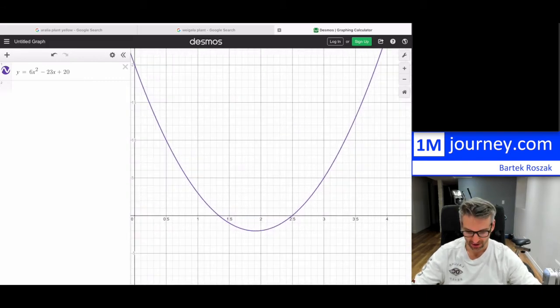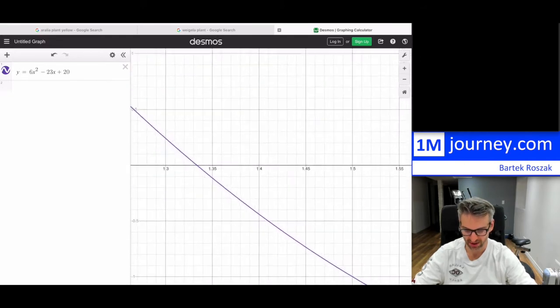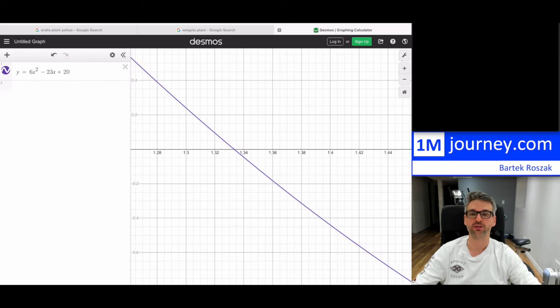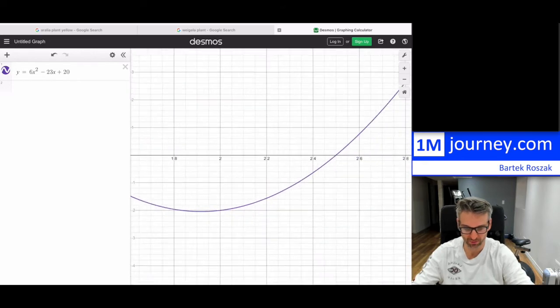And here, if I zoom in, you can start seeing it. If I keep zooming, at 1.33333, that point right there is your intercept. So that's mapped right there. Now your other one should be 2.5.